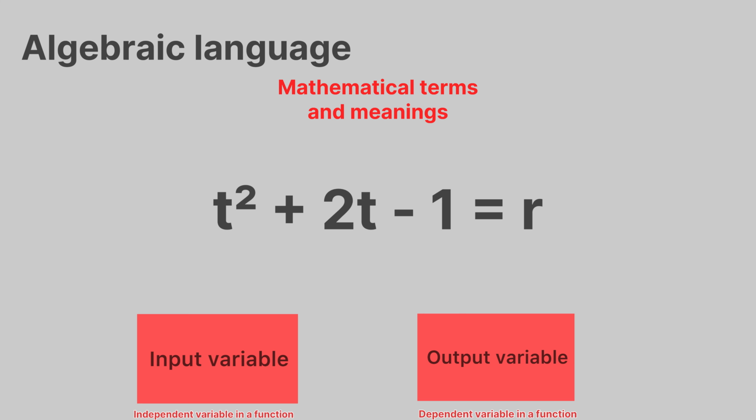We have t and r, which means 2 variables, okay? So what is the input variable between t and r? If you can see here, t is a variable that doesn't depend on r. The value of t doesn't depend on r. Understand? Because r is an output. Okay, so t is an input variable because it doesn't depend on an output, and the output variable will be r because r depends on t to have its value.